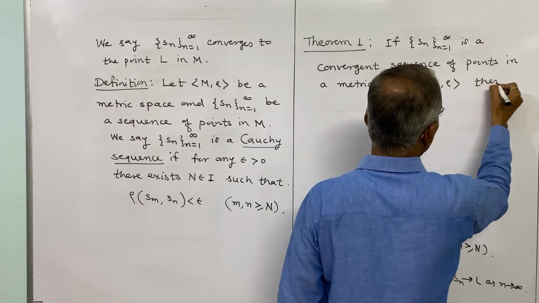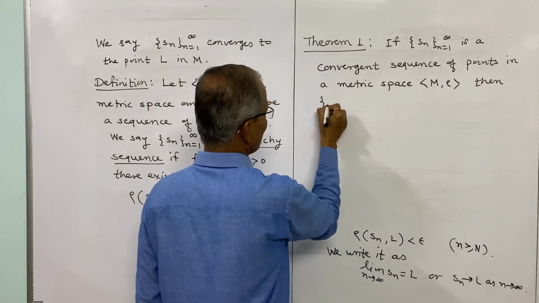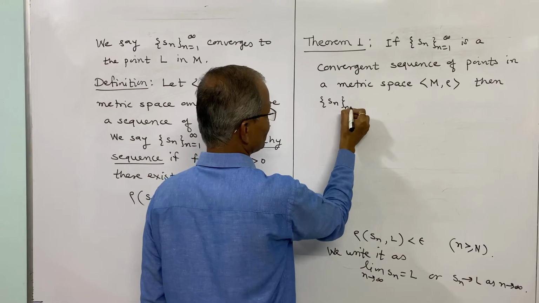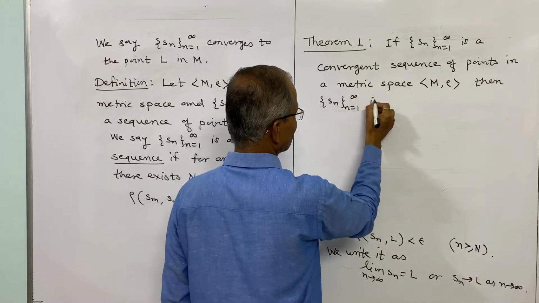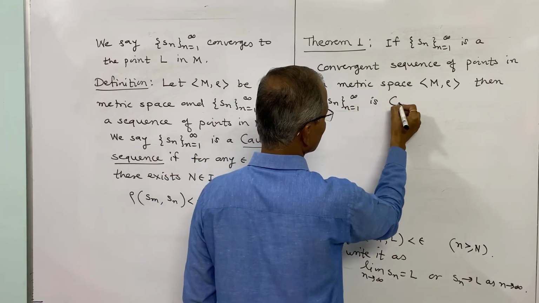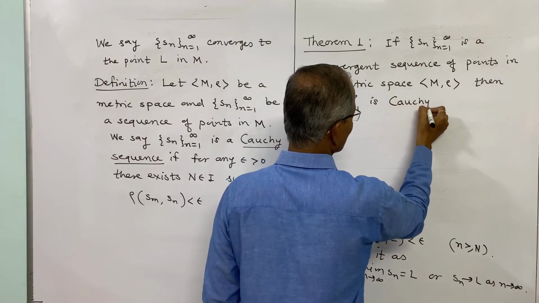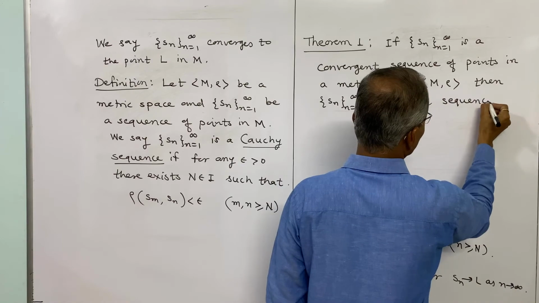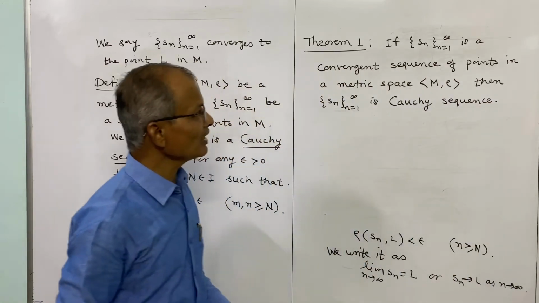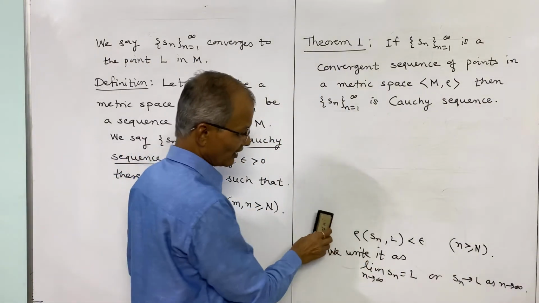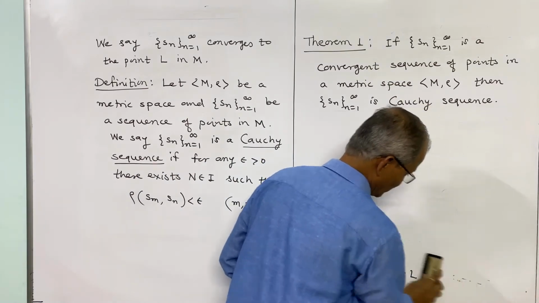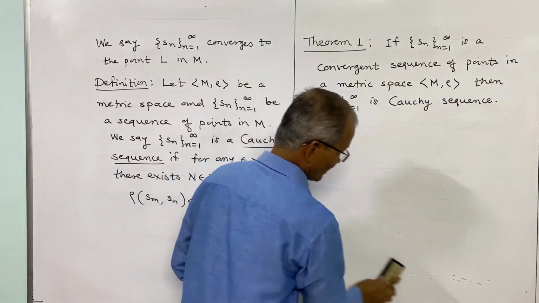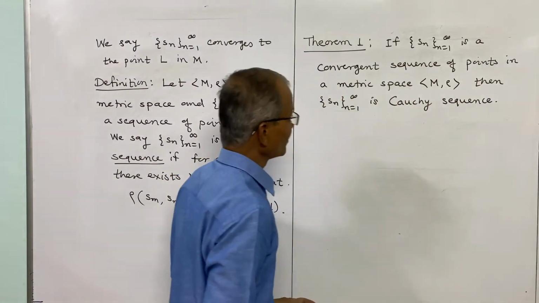then Sn is Cauchy. That means every convergent sequence in a metric space is a Cauchy sequence in the metric space. So this is to be proved.